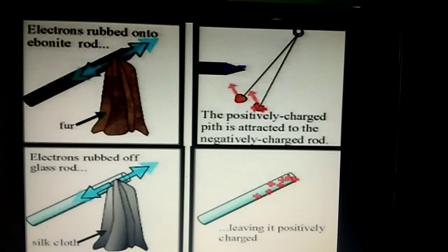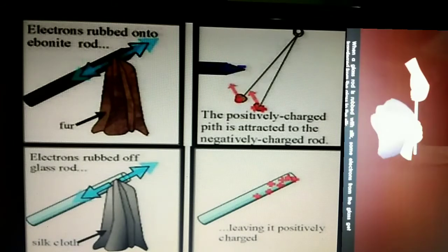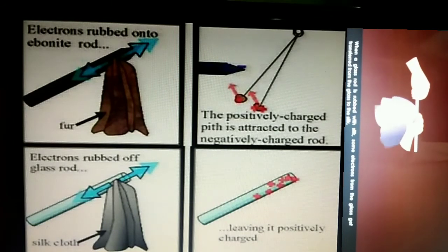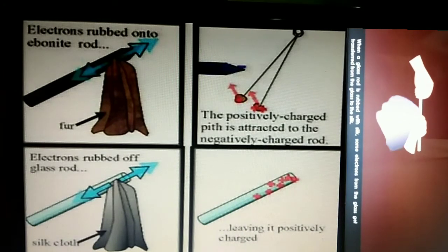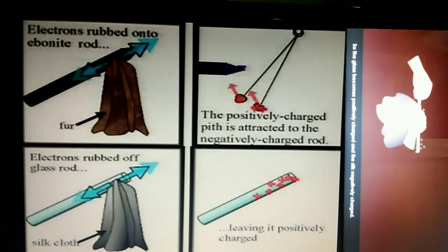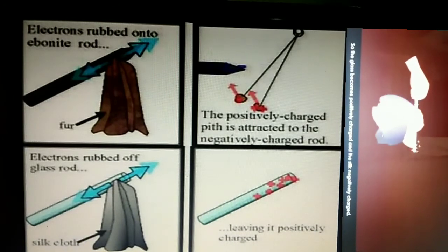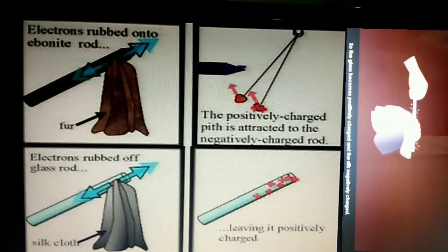As long as you don't touch them, the charges will remain at the place where they are accumulated. Now the two objects are known as charged objects or electrified objects.